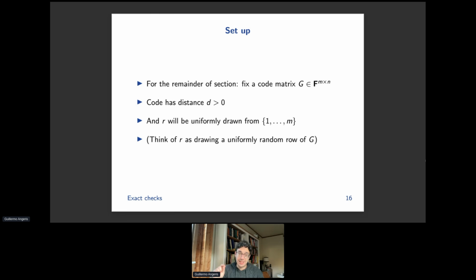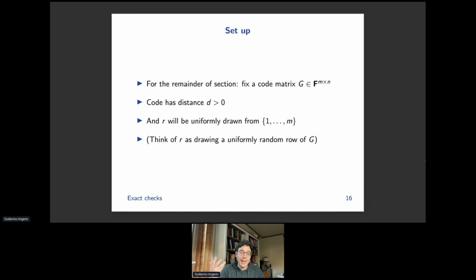The next thing we're going to fix is that the code always has distance D. And ideally, we're going to assume that D is greater than 0. Otherwise, everything we say is going to be trivial. The symbol R will just be a uniformly drawn number from 1 to M, right?